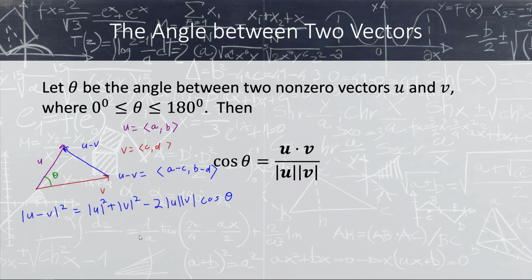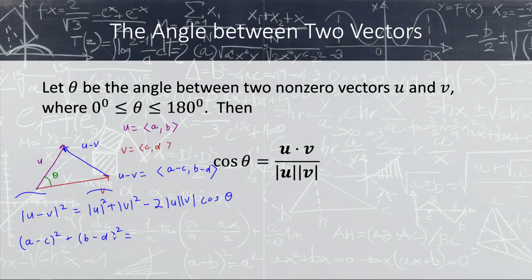Okay, now what we want to do is express these terms in terms of their algebraic components. So the magnitude of u minus v squared is going to be equal to a minus c squared plus b minus d, the entire thing squared.